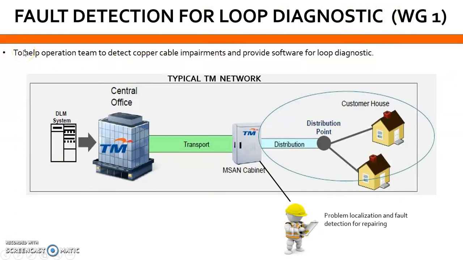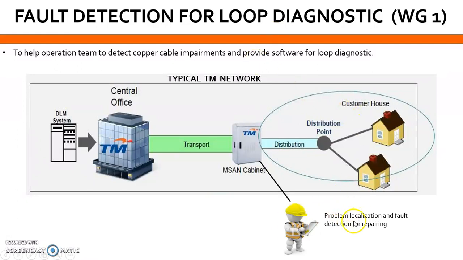The main objective for this is to help the operation team to detect some copper cable impairment and provide software for the loop diagnostic. So we design some software to check the location and the attenuation for the certain part of the road where they have the copper cable impairment.